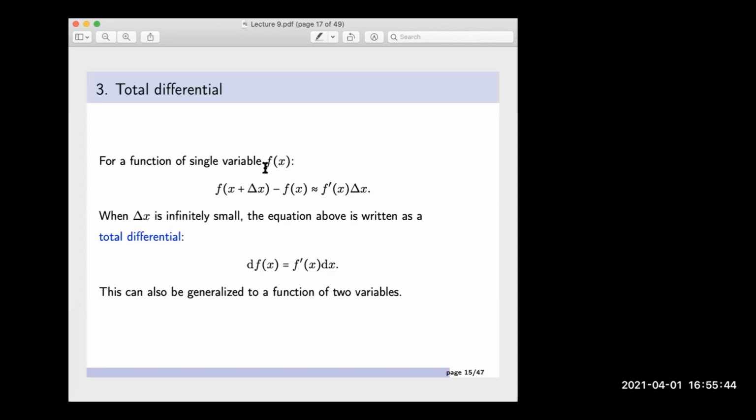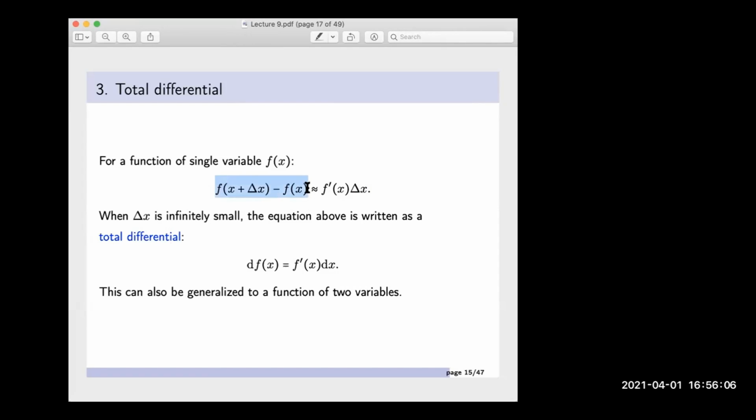For a function of a single variable, you have a formula called the total differential. Total differential tells you how much the function value changes if the variable changes. For example, if the variable changes by delta x, what is the change in function value?